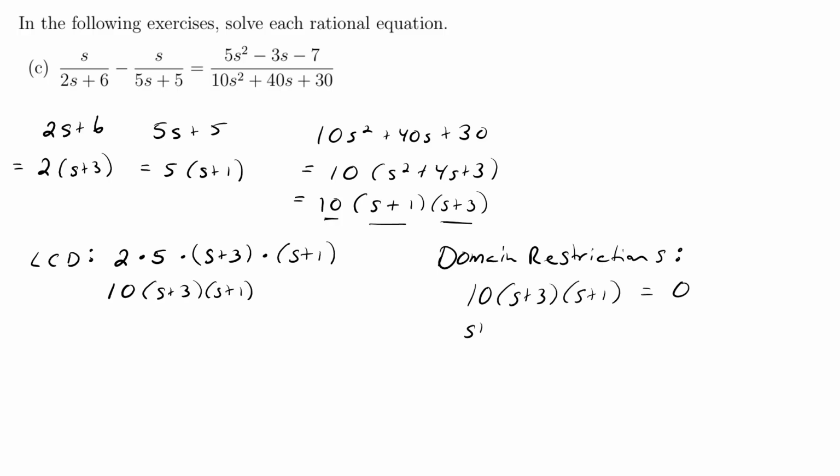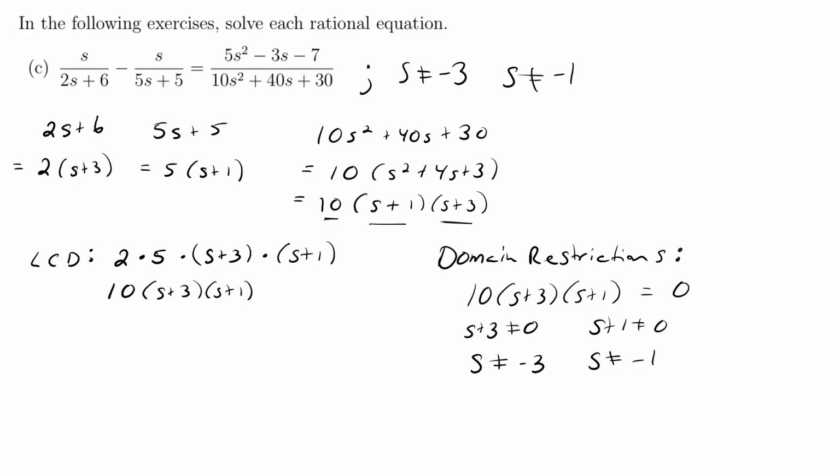So using our zero factor property, right, s plus 3 cannot equal 0, s plus 1 cannot equal 0. So s cannot equal negative 3, and s cannot equal negative 1. So we have those restrictions that we can imply from the get-go here. And then we'll also see as we solve that maybe we're going to be able to eliminate one of those solutions if one of them happens to be negative 3 or negative 1.